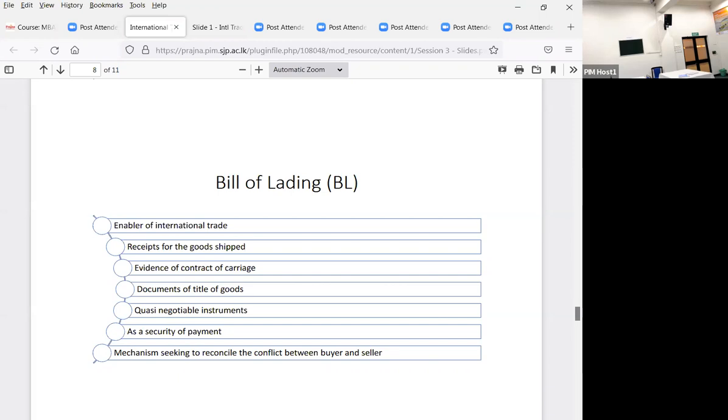Then the most important thing: it's a quasi-judicial document, a half judicial document. It is an enabler of international trade. Say about 10 years ago, the BL was only a receipt of goods and carriage.